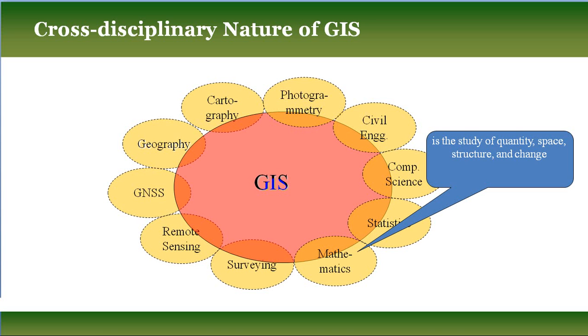For example, we use predicate logic in spatial databases, with Boolean operators like and, or, not, which are very common logical operators we use in GIS data. By using these Boolean operators, very sophisticated GIS analysis can be performed.